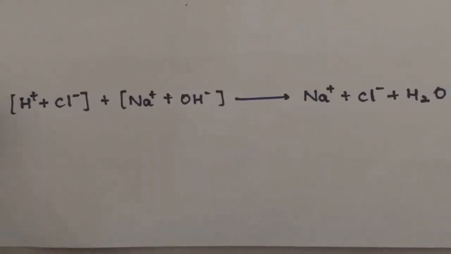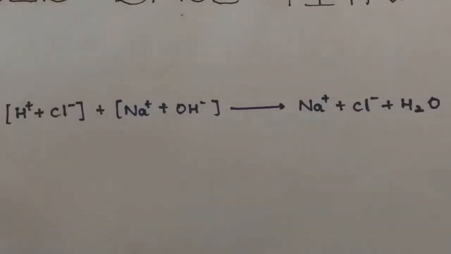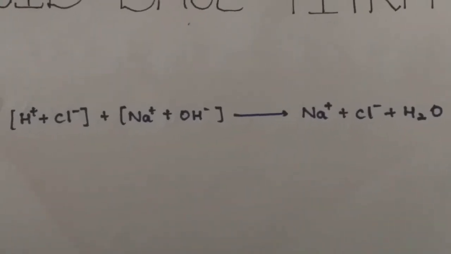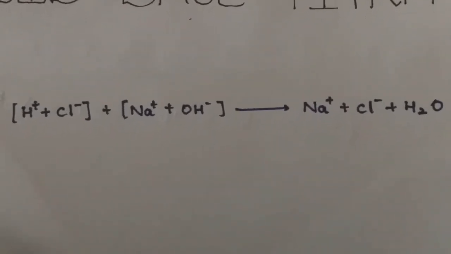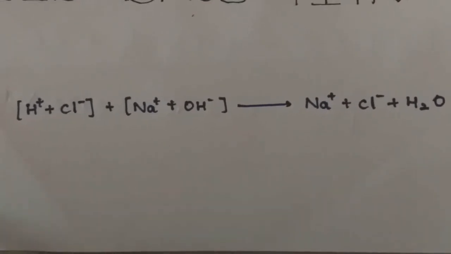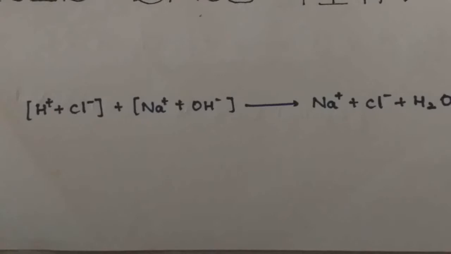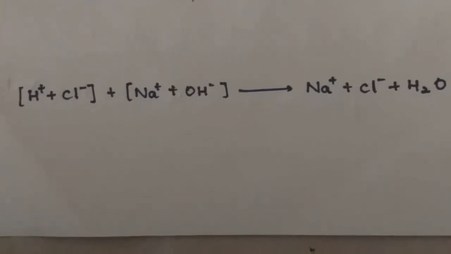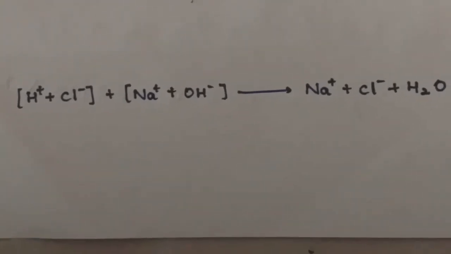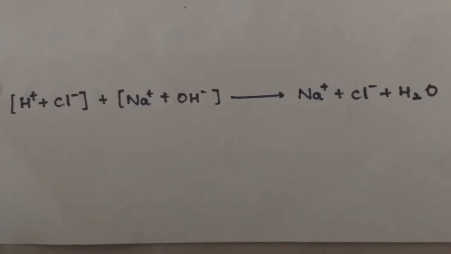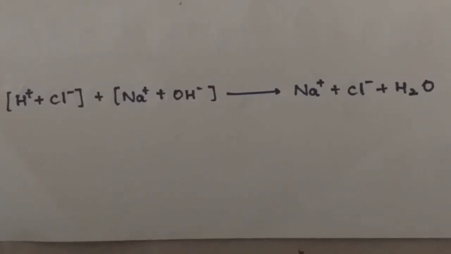Neutralization reaction between HCl and NaOH occurs in this manner. As the titration proceeds, that is, when NaOH is added to HCl, hydrogen ion concentration decreases and hence the pH of the solution increases slowly. But in the vicinity of the equivalence point, the rate of change in pH is very rapid. And on crossing the equivalence point, again pH changes in small increments.